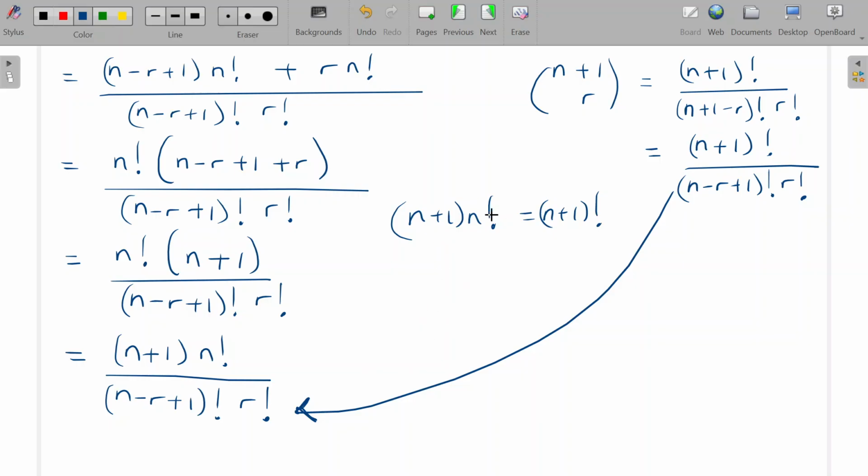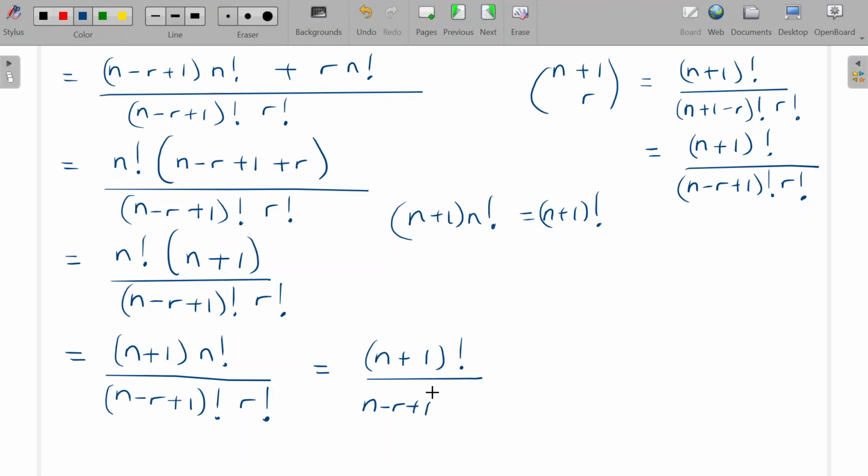Yes. So because this is just the same, in this case this will be equal to n plus 1 factorial over n minus r plus 1 factorial r factorial, which is just equal to this.